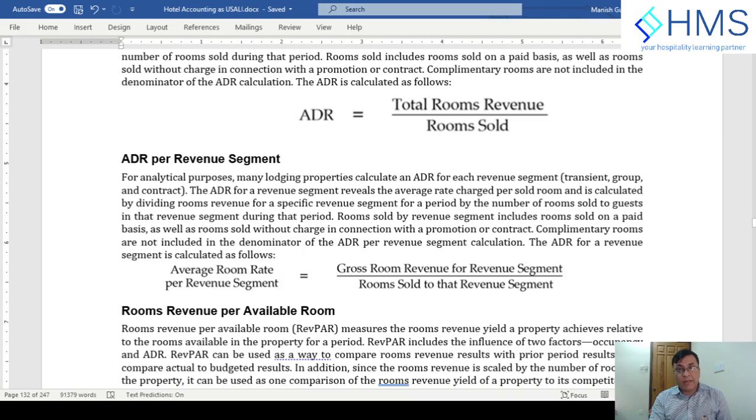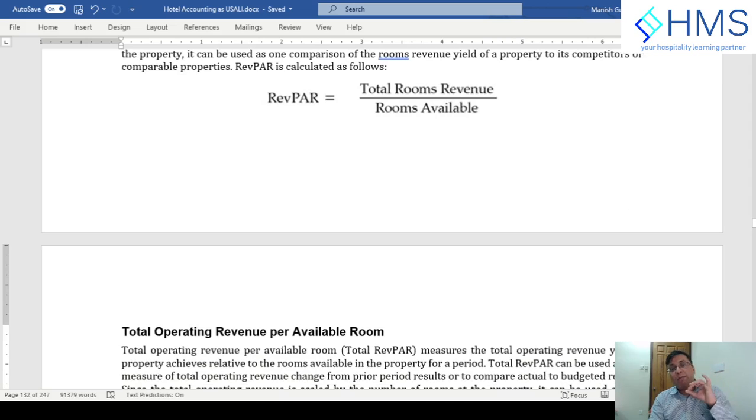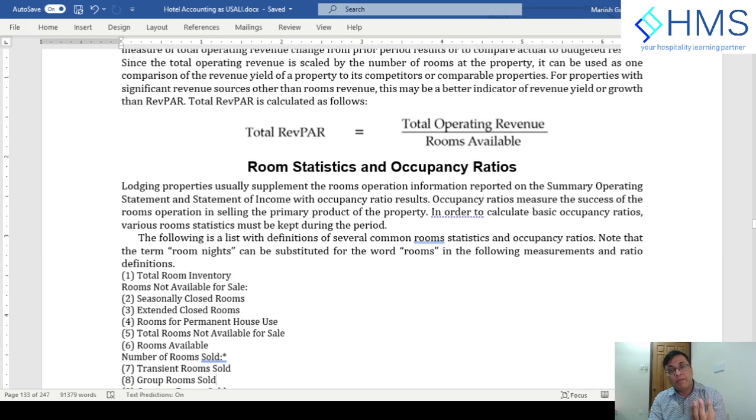That is calculated by total room revenue divided by the rooms available, not the total room inventory, rooms available. Then you have total operating revenue for the entire hotel, including F&B, other operating departments, divided by the rooms available. So that gives us total RevPAR.